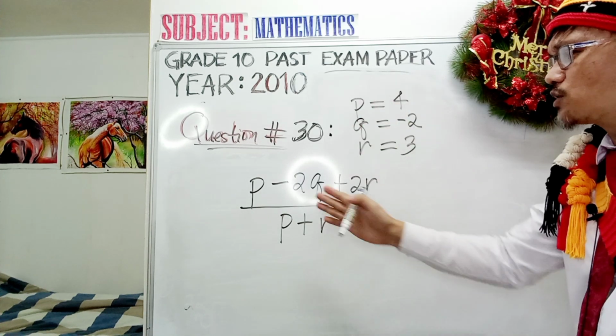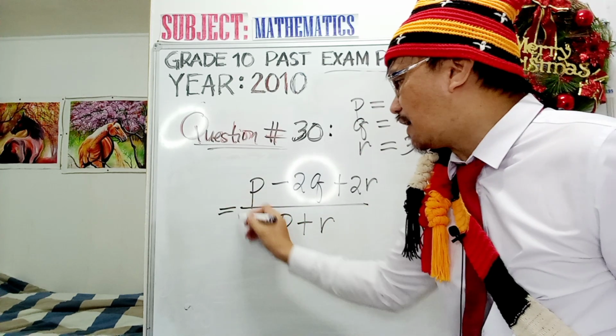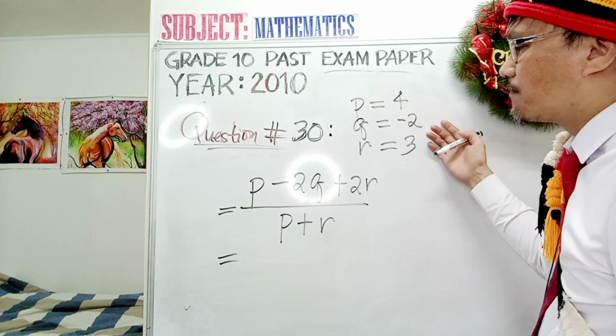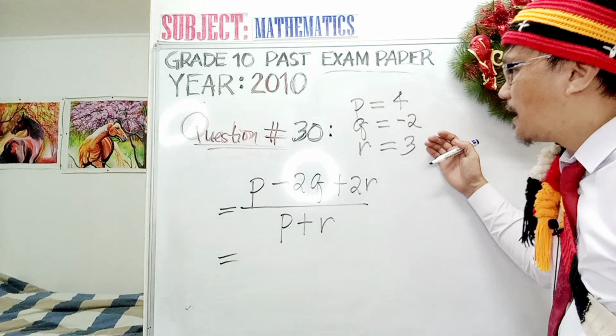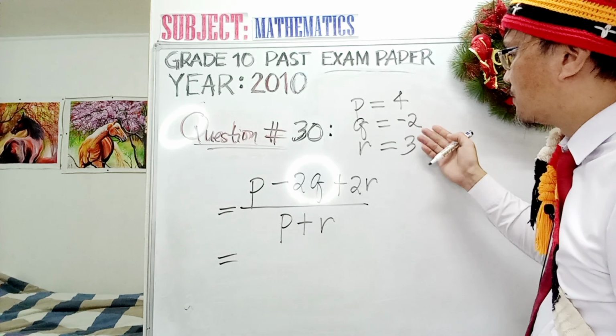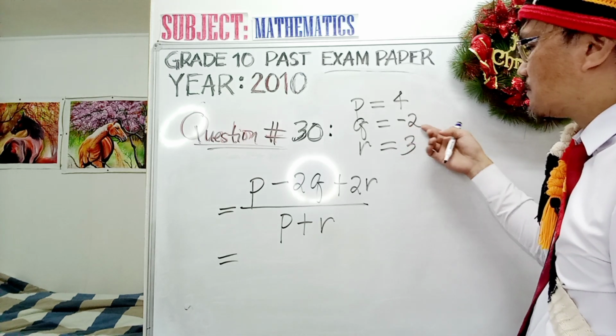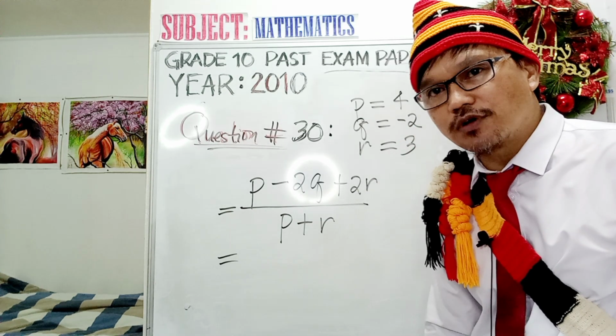I know that this one is just very easy to work out. However, some students still make mistakes because of the technique when substituting the values of the given pronumeral that carries a negative sign. You have to be very careful about that.